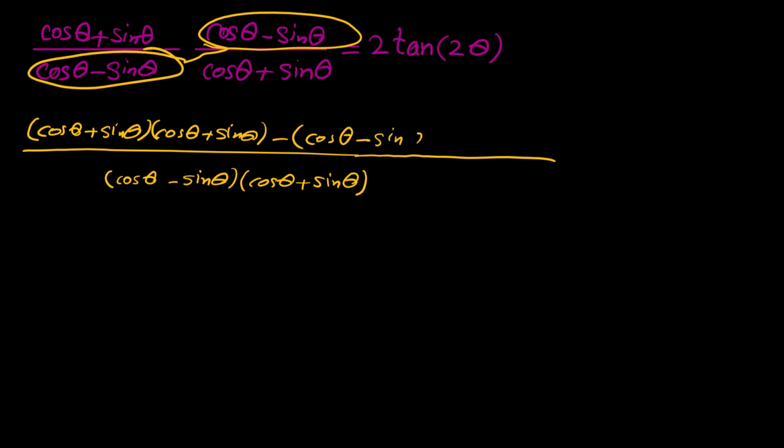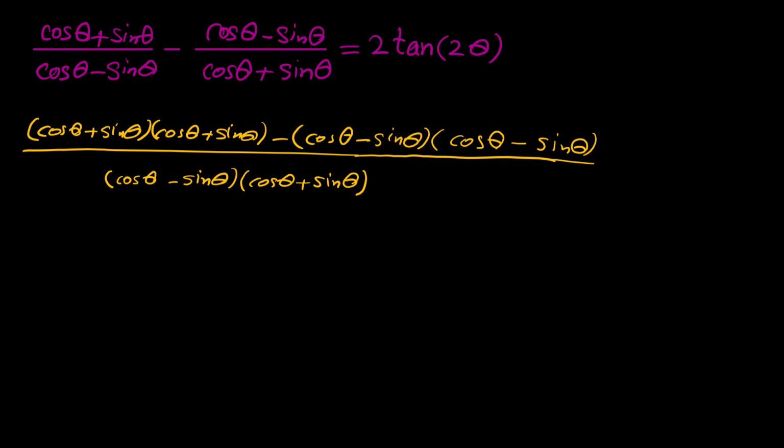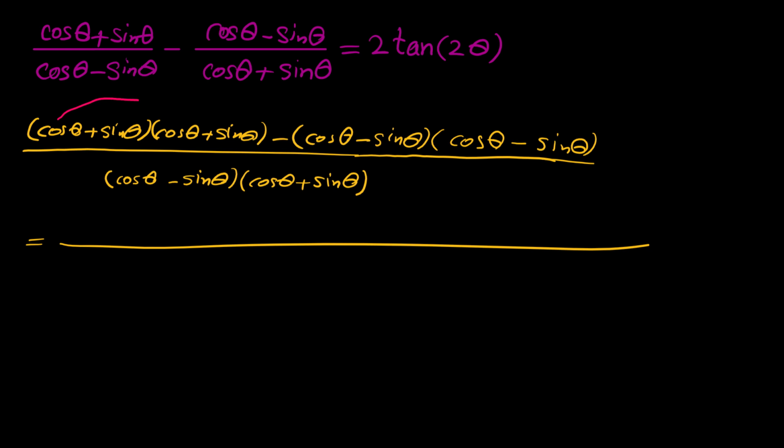Now we have to multiply the brackets in the numerator. To simplify this, we have cosine times cosine. We multiply term by term with the FOIL method.